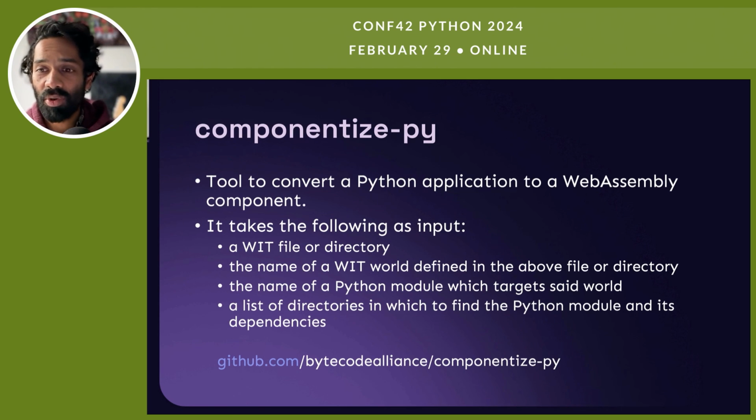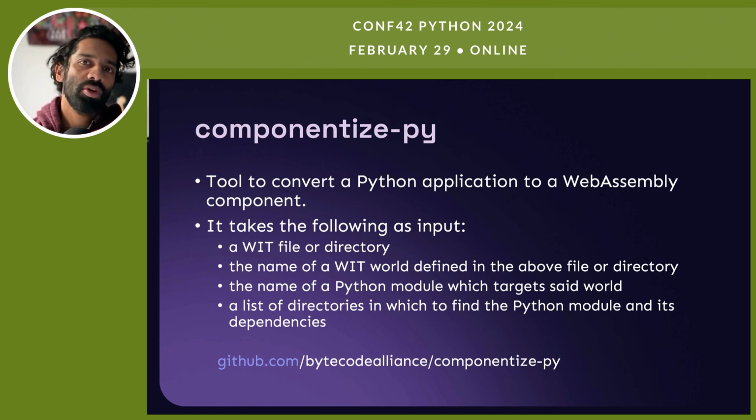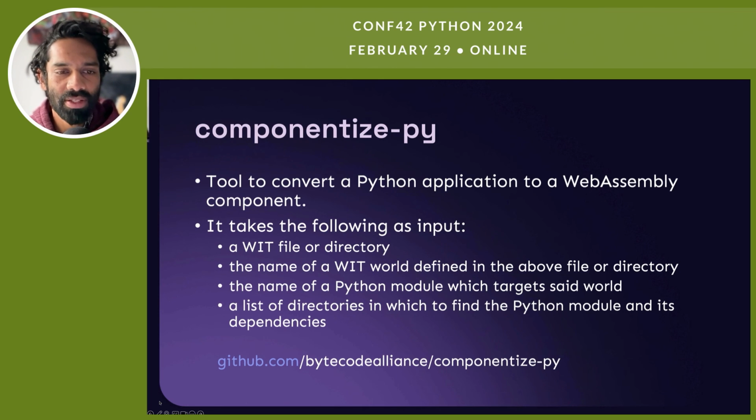It takes the name of a module, which targets that world, and a list of directories in which you can find this module. It's super fascinating. A few people who work at Fermyon have contributed to this, and again, it's completely open source, so check it out. It's part of the Bytecode Alliance at github.com/bytecodealliance/componentize-py.